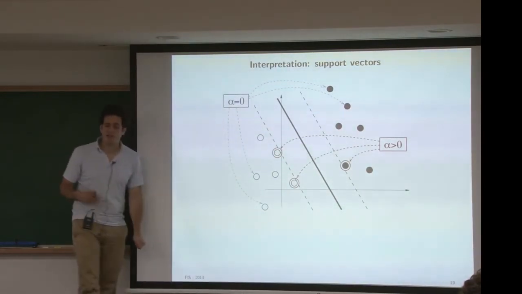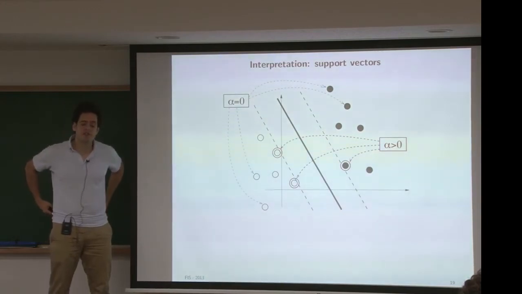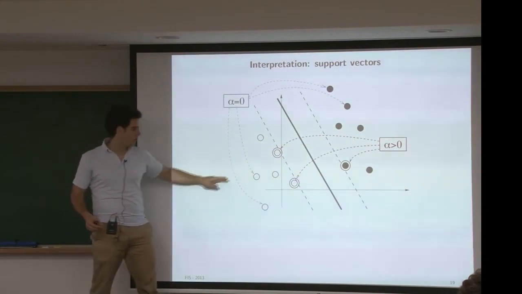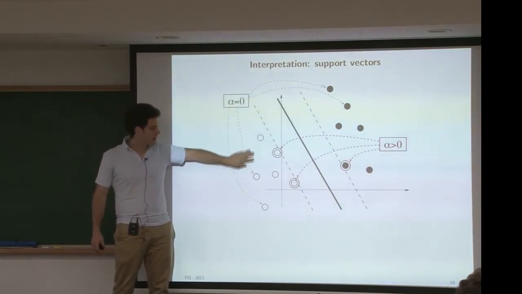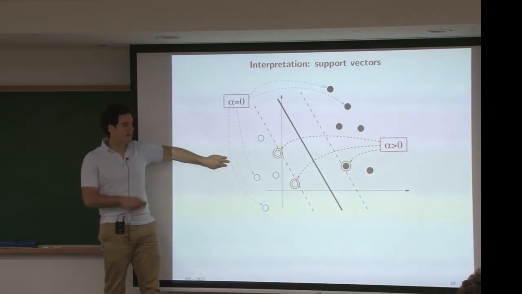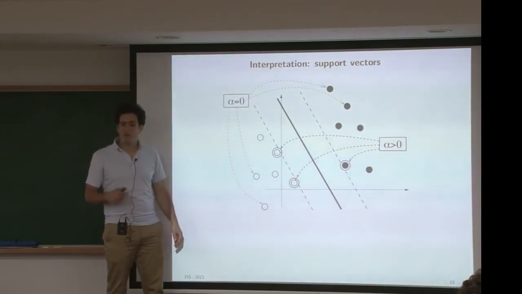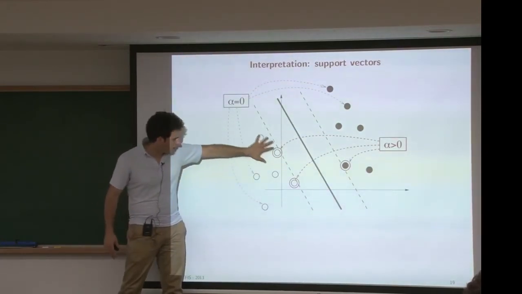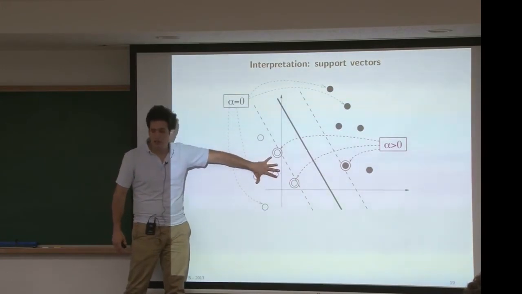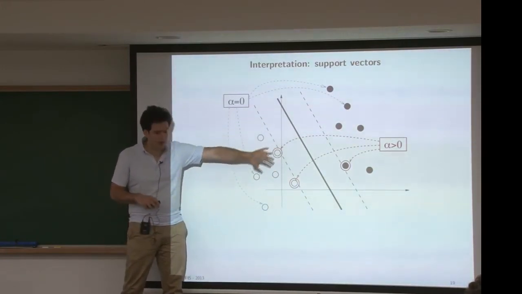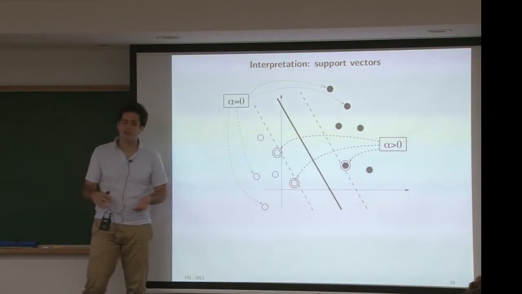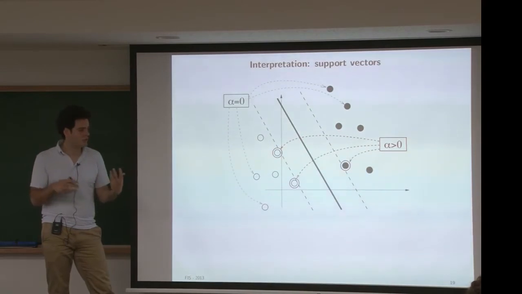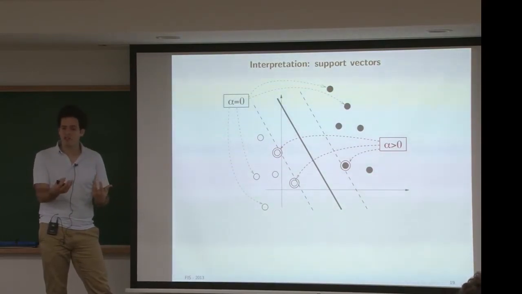Okay? This is completely different from, for instance, logistic regression. If you remember logistic regression, each point counts. When you compute the hyperplane of logistic regression, if I change this point here, the hyperplane will change. If I compute linear discriminant analysis, remember LDA, LDA worked by estimating a Gaussian for the white points, estimating a Gaussian for the black points, and then using a linear separation surface, which was basically trying to see which of the two Gaussians had the highest probability of generating a new point.